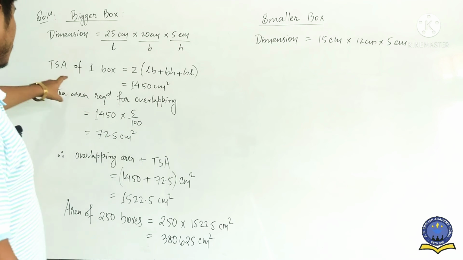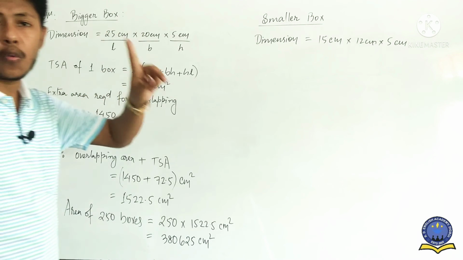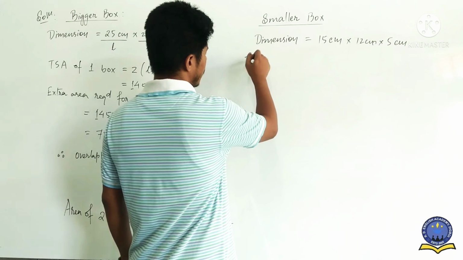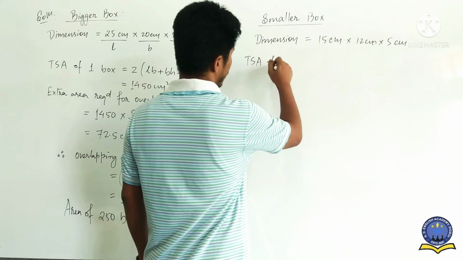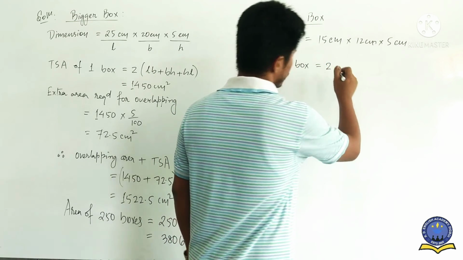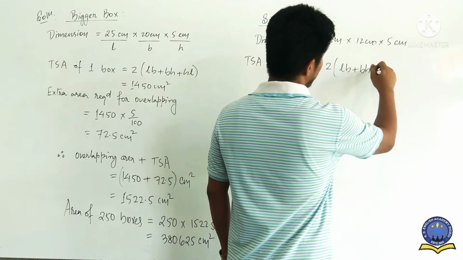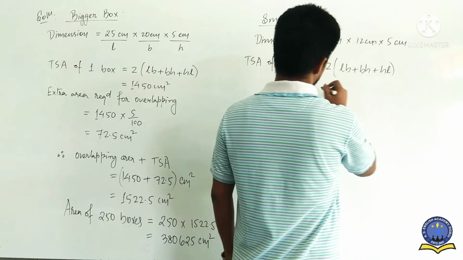First of all, we have to find out the total surface area of one smaller box. So first we write total surface area of one box. The formula all of you know: 2 times length breadth, breadth height and height length.